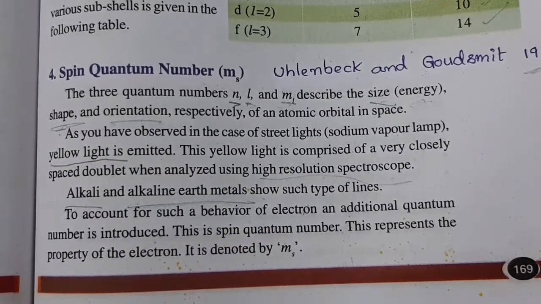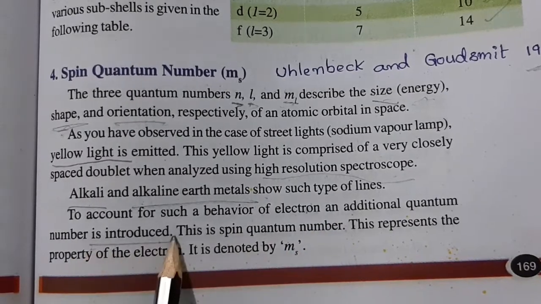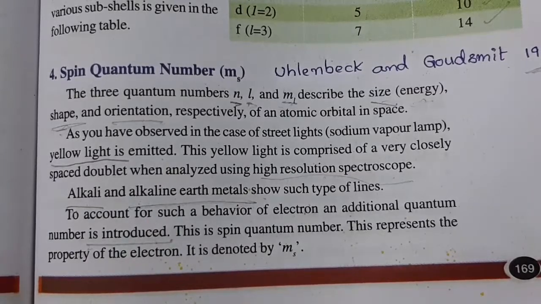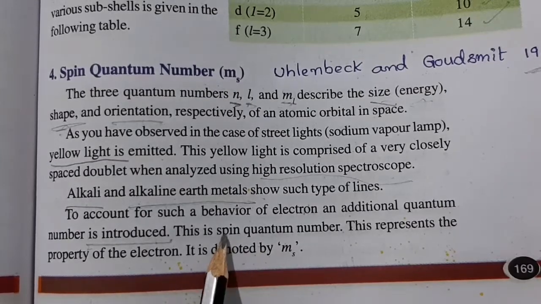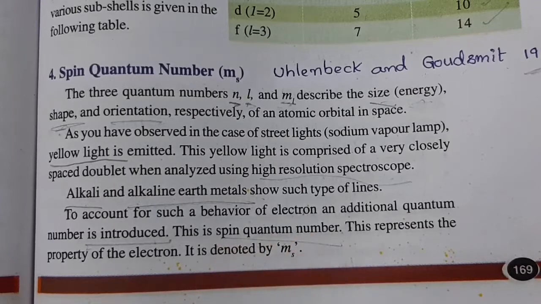So to account for this type of behavior of an electron, an additional quantum number is introduced. This is the spin quantum number.